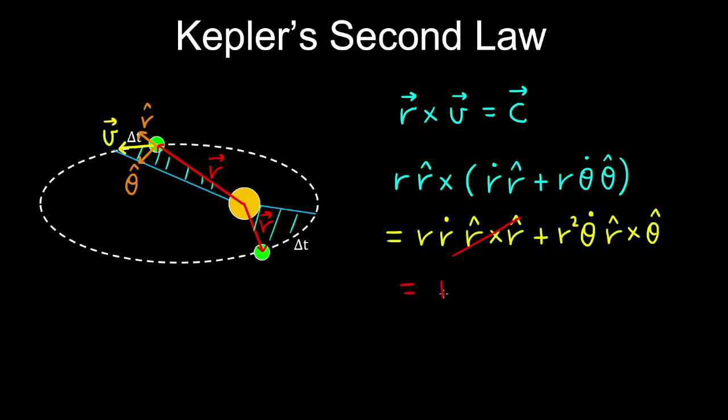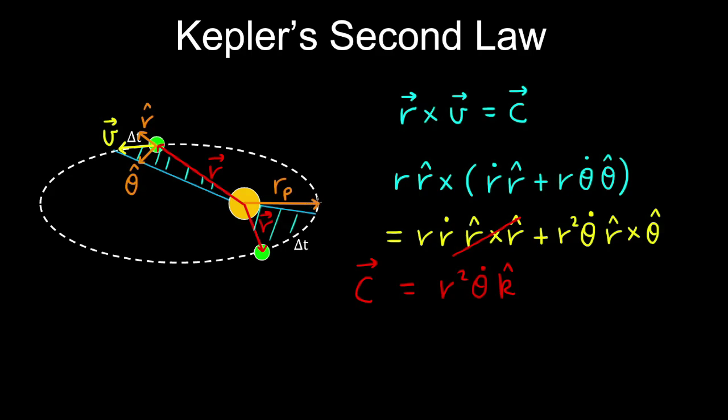And this term gives r squared theta dot in a direction pointing out of the screen. So this here is equal to a constant vector. So to find the constant vector, we'll just take the condition where the planet is at perihelion, being the closest distance to the Sun, at time 0.